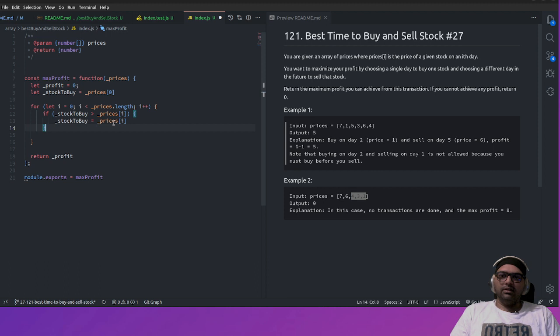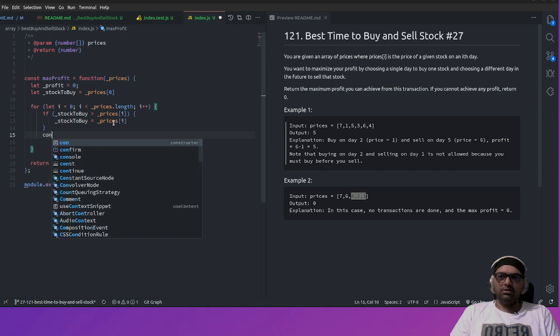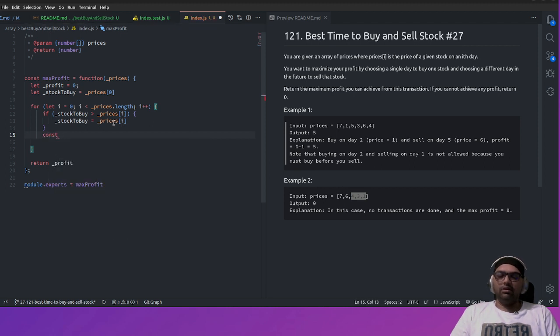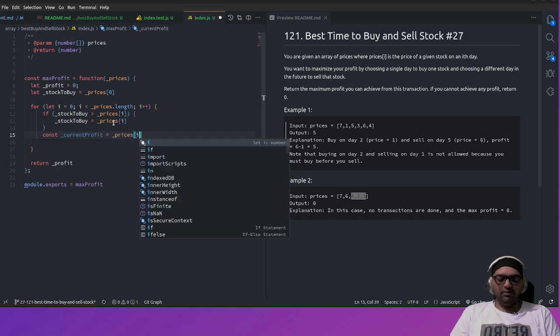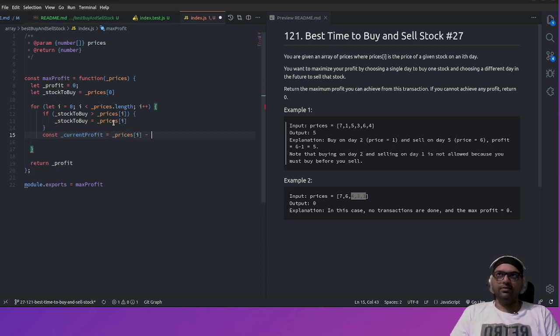Let us move outside of that if condition and say const _current_profit is equal to _prices of i minus _stock_to_buy. That's it.